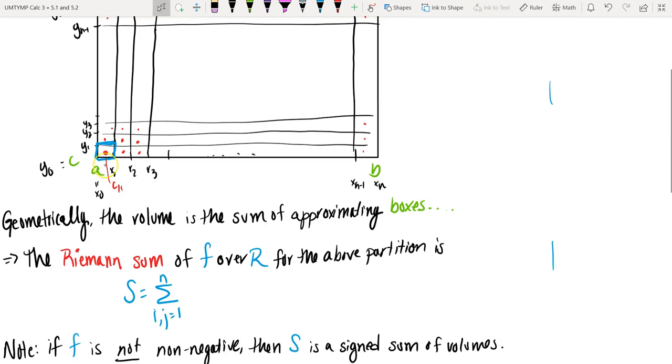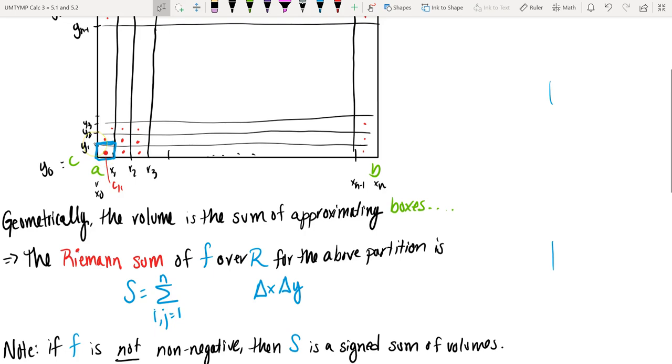If I think about this, the width of each of these boxes that I'm extending up is delta x, because I've split the interval a to b into n intervals, all of equal length. The other dimension of this rectangular area would be delta y.